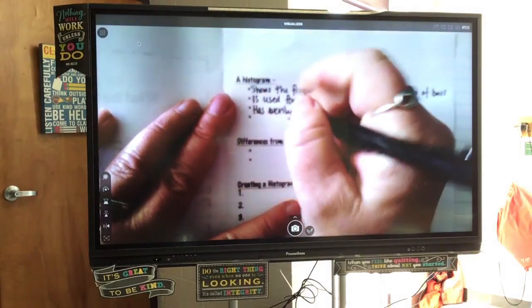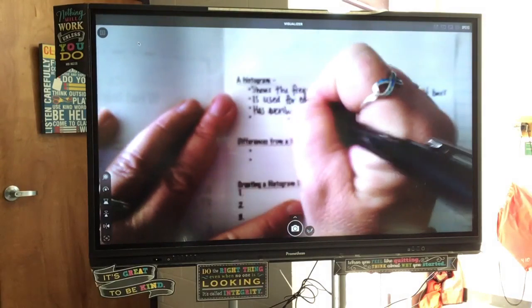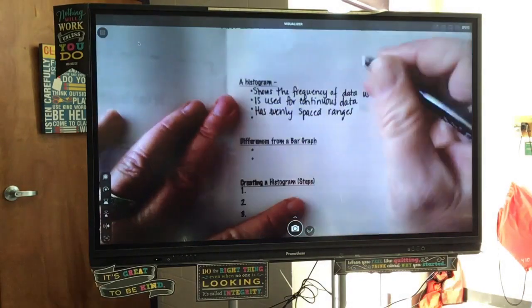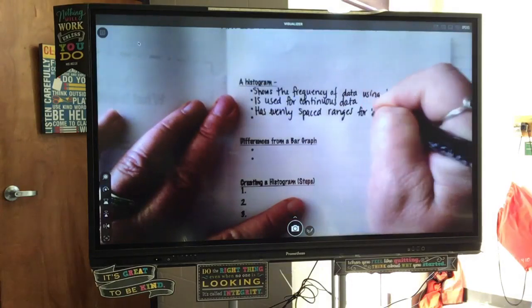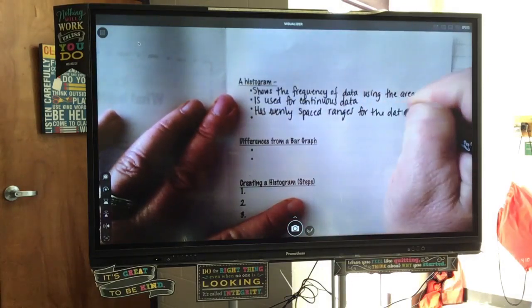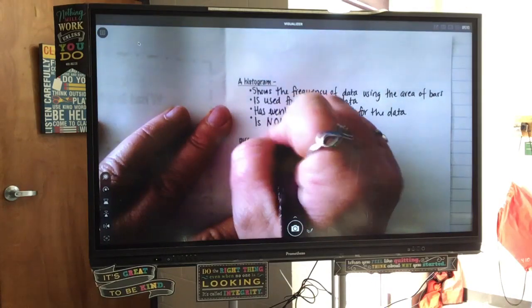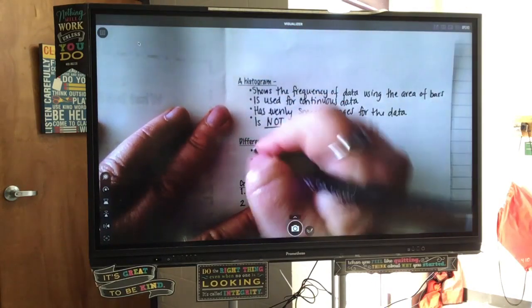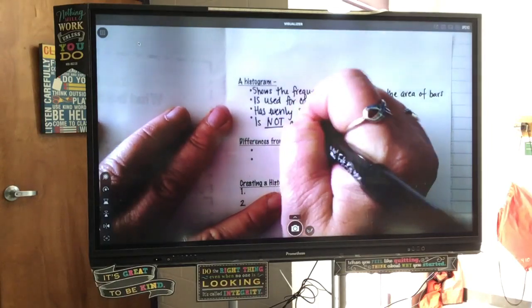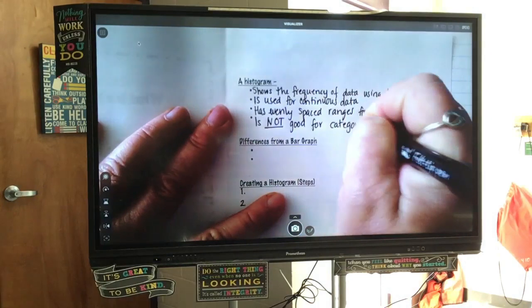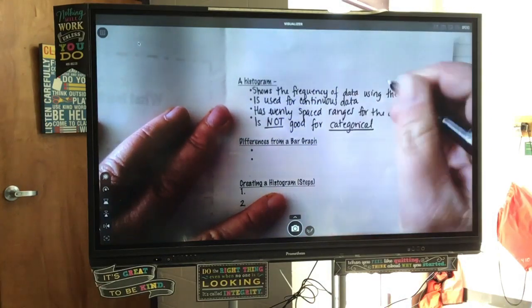Has evenly spaced ranges for the data and is not, make sure you capitalize the word not, good for categorical, underline categorical data.